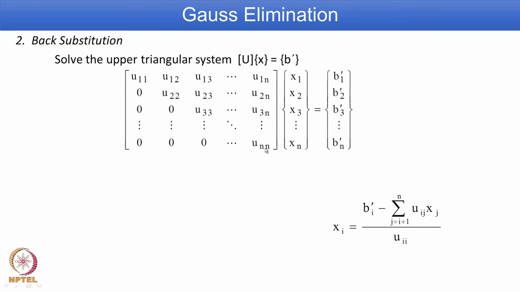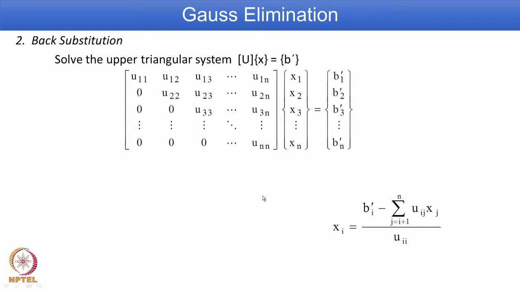So the corresponding equation becomes Unn xn equal to Bn prime. We directly get xn, then we use that to obtain the other unknowns in reverse order, from xn minus 1 to x1.